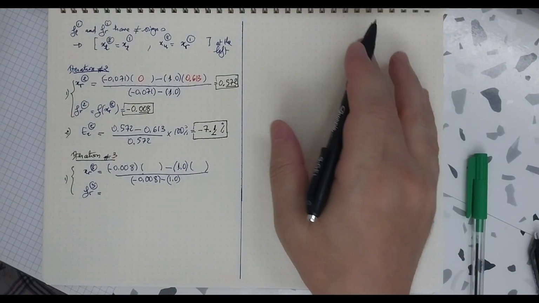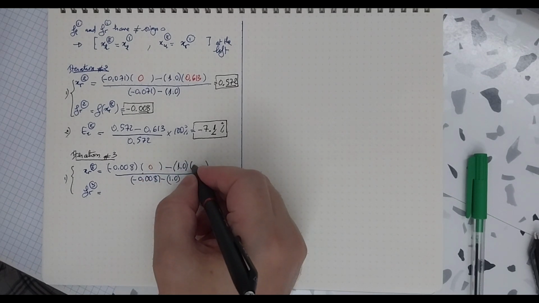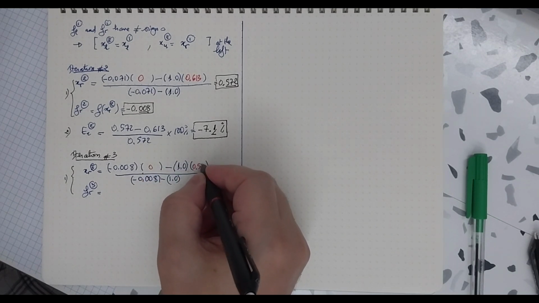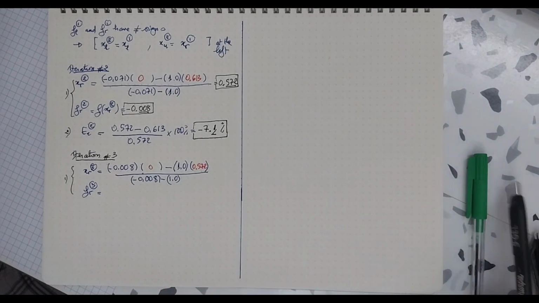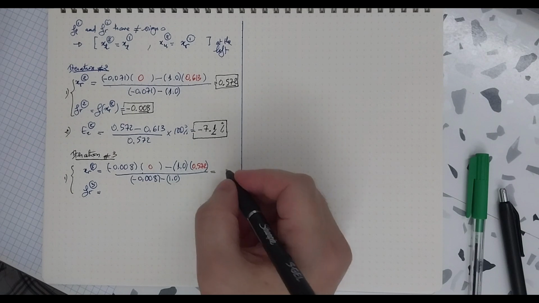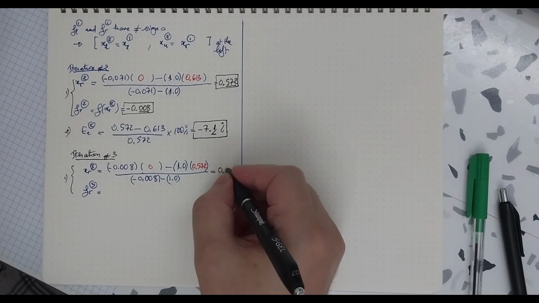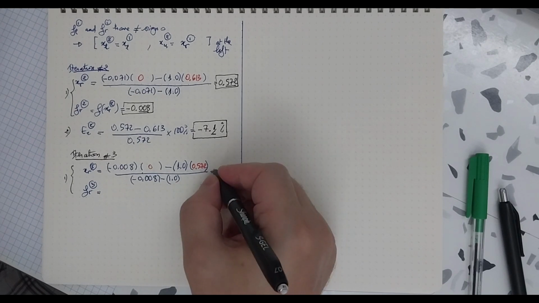So let's write it here. It's 0, and here is 0.57. And I find the value, again with your calculator, 0.568.